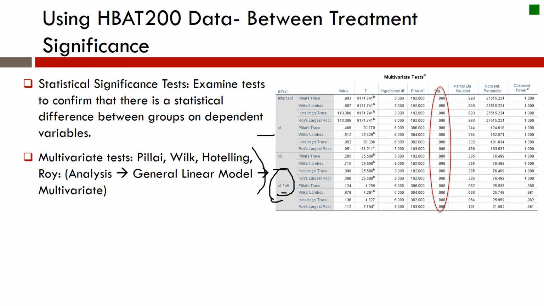So this would suggest that, broadly speaking, without doing any post hoc tests, this data differentiates one group from the other. And again, we go back and look at the means.